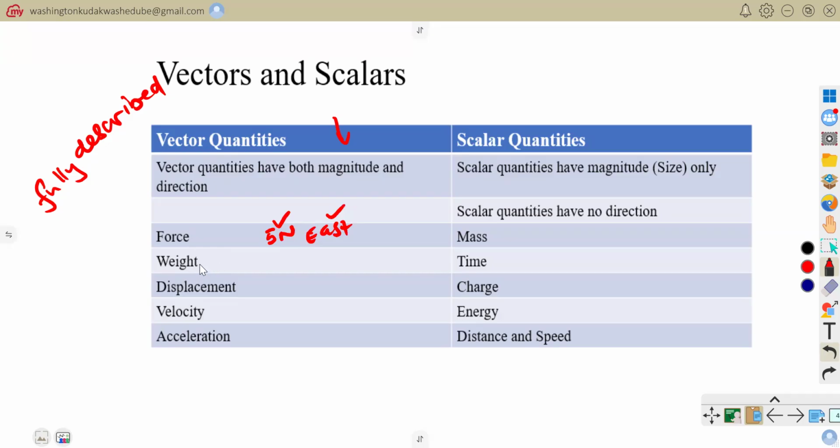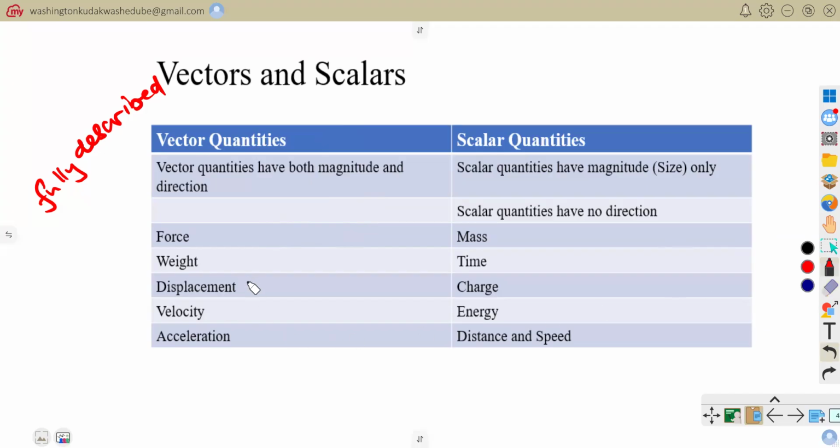So that part where we said towards the center of the earth defines our direction. If you want to know the weight of a person, which becomes 10 newtons, it's a 10 newton force towards the center of the earth. So the 10 newtons becomes your magnitude, and towards the center of the earth becomes the direction in which it is directed.